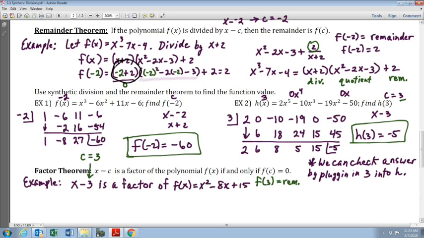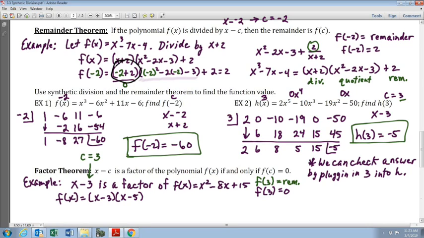Well, by the remainder theorem, we know that f of 3 will equal the remainder when we do division by x minus 3 with this polynomial. But when we did the division, we got 0 for a remainder. And so we know that f of 3 does equal 0. Actually, let me show you one more thing.